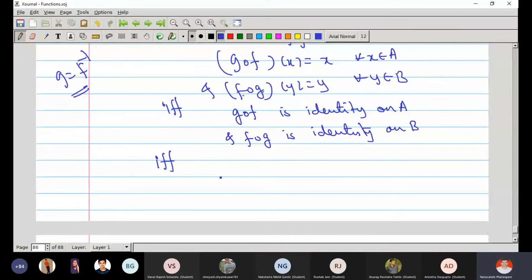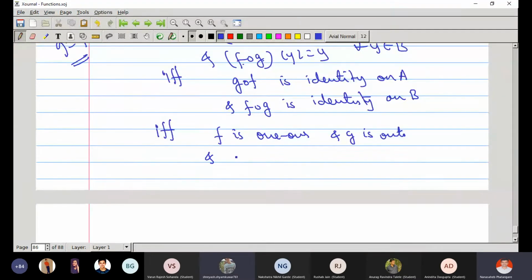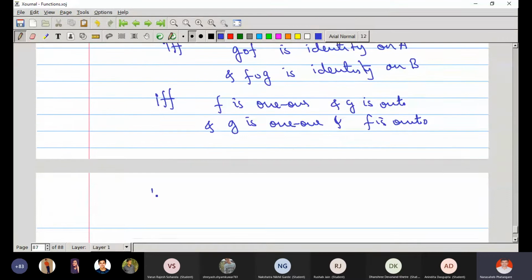That means G is 1-1 and f is onto. If and only if, this is equivalent to saying what? f and G are both bijections.